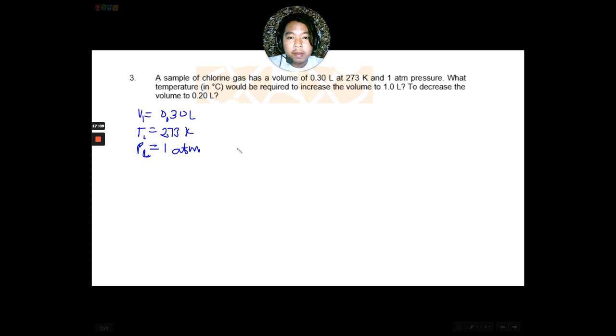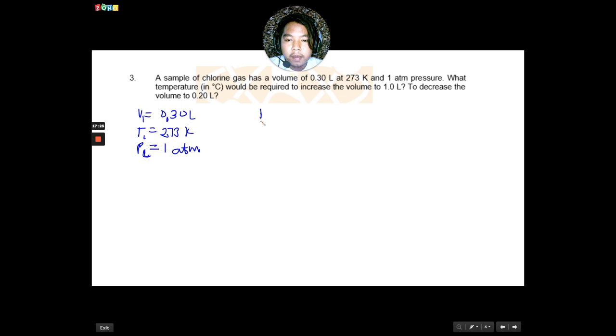But again, if you don't memorize the formula, don't you worry. We can manipulate the equation after we seek for what is required. So the required here is the temperature.